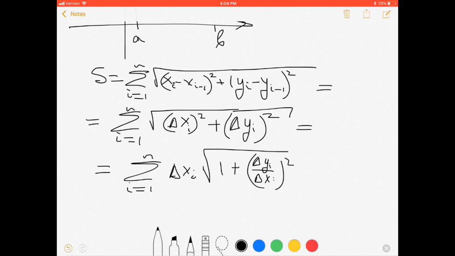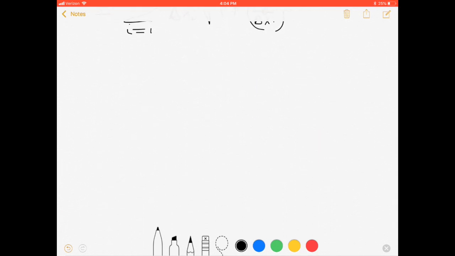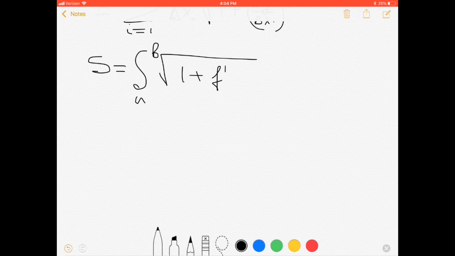If you remember, what happens if n approaches infinity? This means you have smaller pieces, so delta x approaches 0. In this situation delta y over delta x will be exactly your derivative, and the sum will be an integral. Using this fact, you can say arc length will be the integral from a to b of the square root of 1 plus the derivative of the function whose graph you want to find the arc length of, squared, dx.